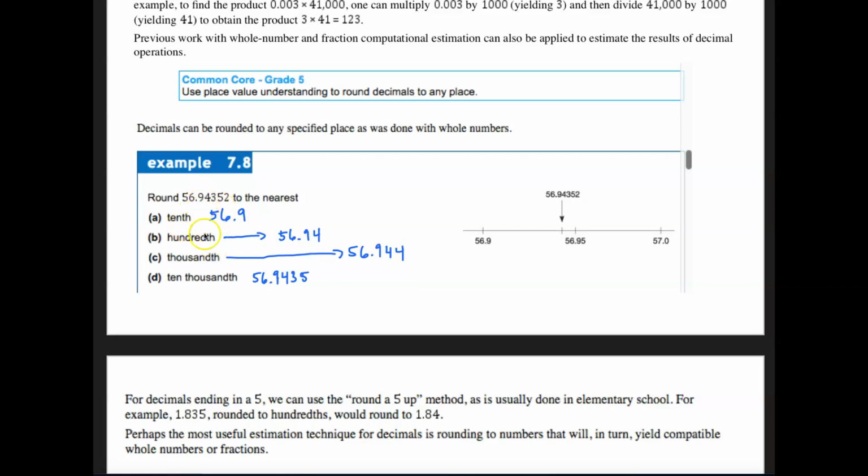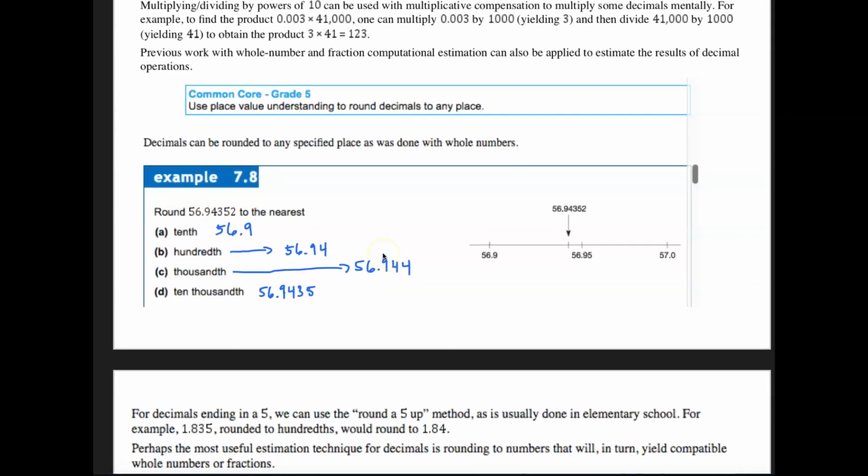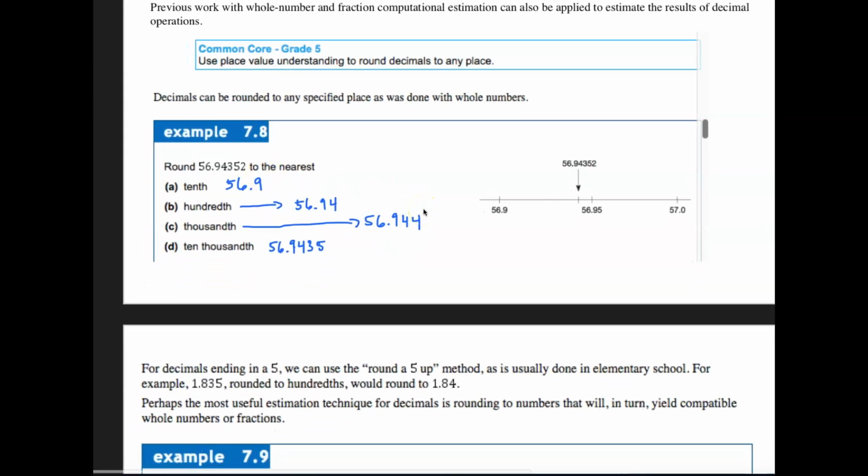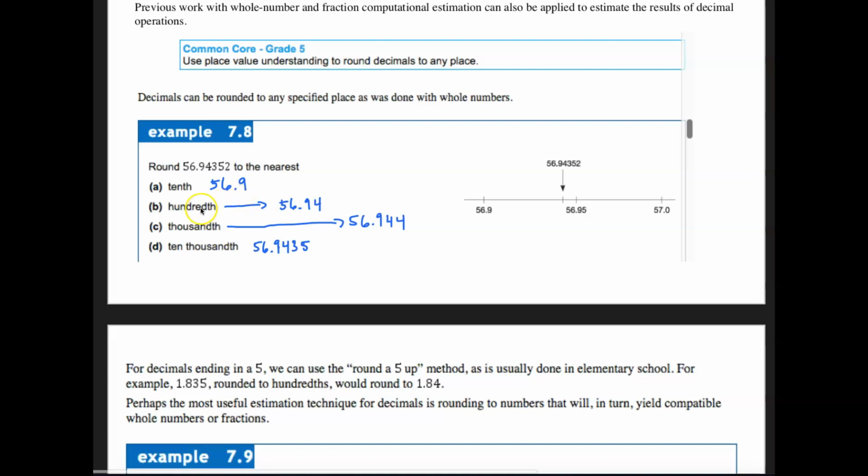You go to the place value, and you remember the rule. In this case, to the nearest hundredth, which is 2 decimals, since this is a 4, it's 94. It's closer to 90, and so that's where it's 0.9. Here, 943, and because we're going to 2 decimals, it's 94.